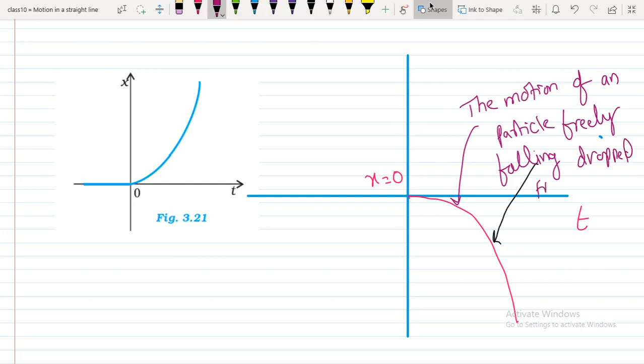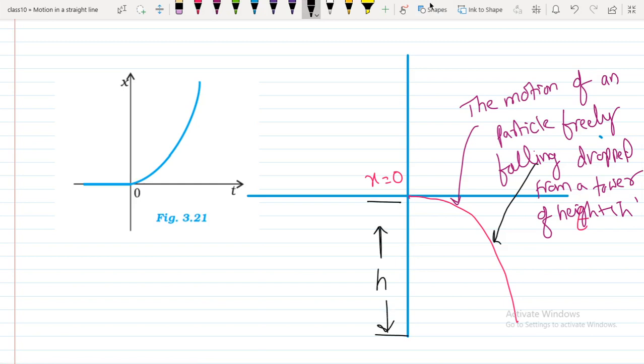Dropped from a tower of height h. Suppose I take from here to here a tower of height h, and the particle is at rest on the tower, so this represents the same straight line. So when t is less than 0, it does not fall.